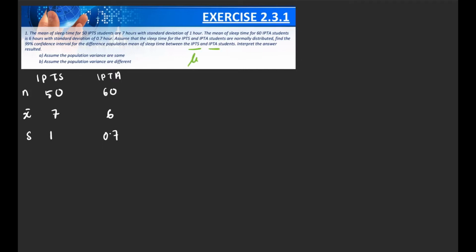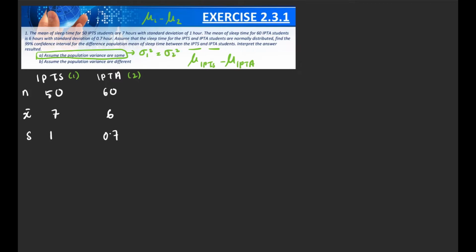So mu IPTS minus mu IPTA. Now I will assume IPTS is 1, IPTA is 2. So mu 1 minus mu 2. Which formula do you want to use? First, you have to assume the population variances are the same, meaning that sigma 1 square equals sigma 2 square.